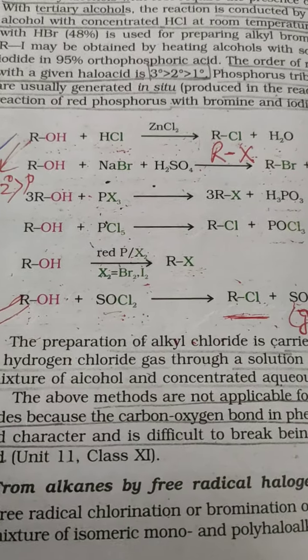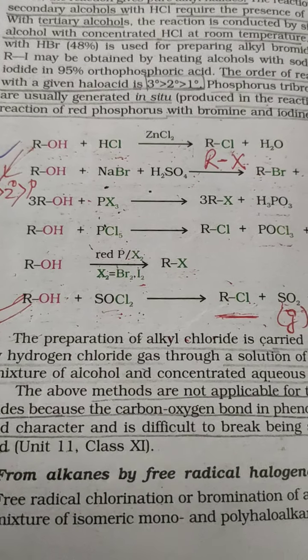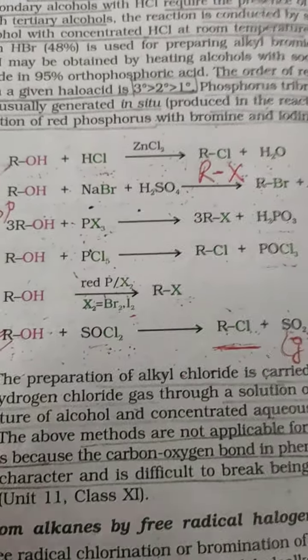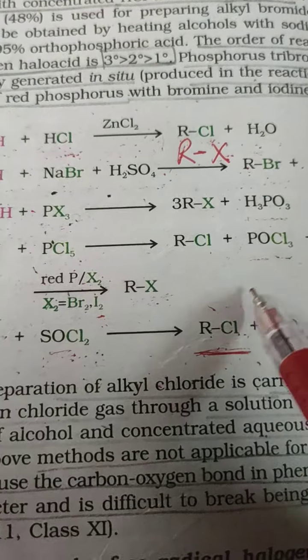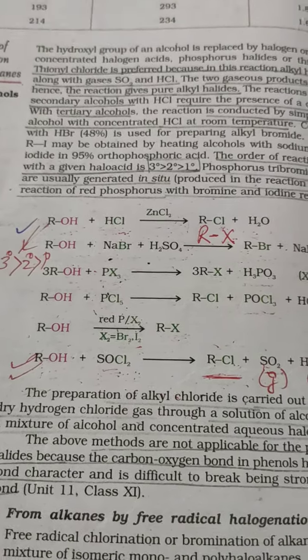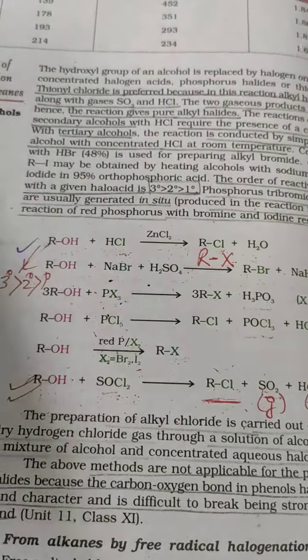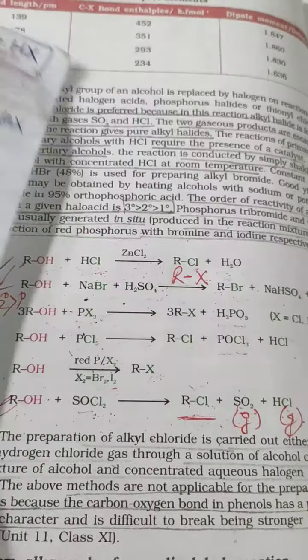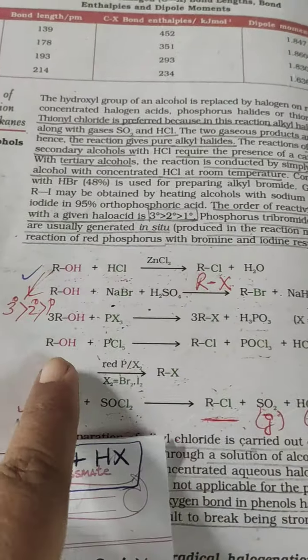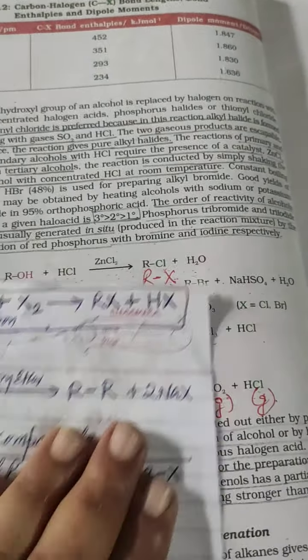So this is all about the preparation of alkyl halides from alcohols. Now when we are preparing these alkyl halides, in your syllabus there are one or two important properties of alkyl halide which we will discuss here only. अभी हमने ROH से RX प्रिपेयर किया है.